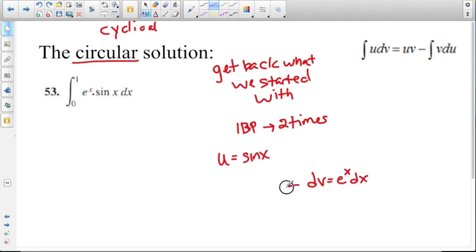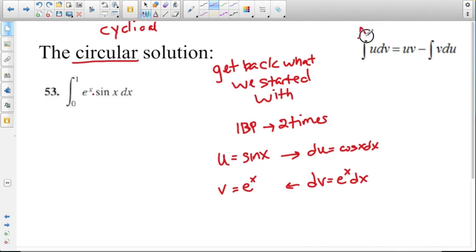When I integrate my dv, I get e to the x, and when I differentiate my u, I get cosine x dx.